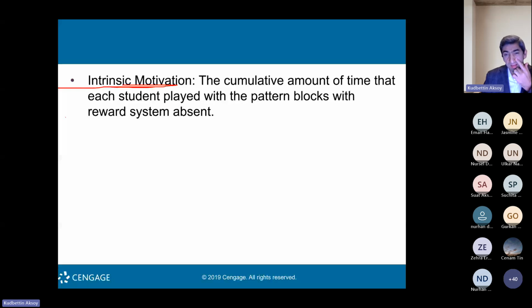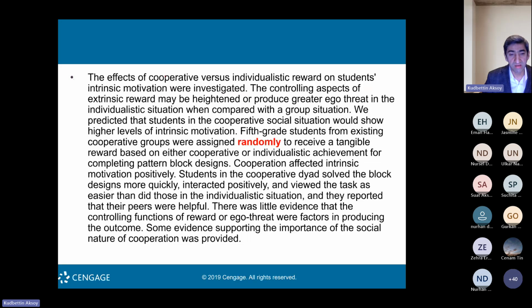So it makes sense. They put kids in a classroom, and some of them worked individually, and some of them worked with others. And they counted how many minutes they did, and they added it all up, and that is a quantitative number, and that's your interest. And this tells you what happened when students were working together and when they were working individually.